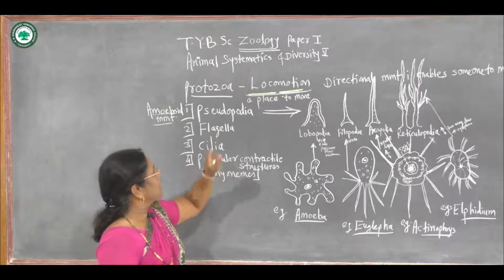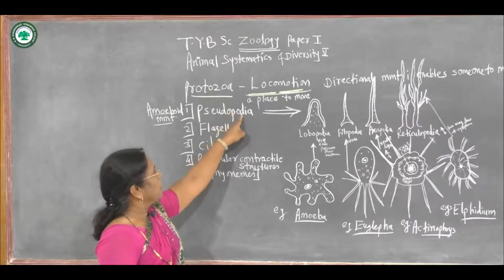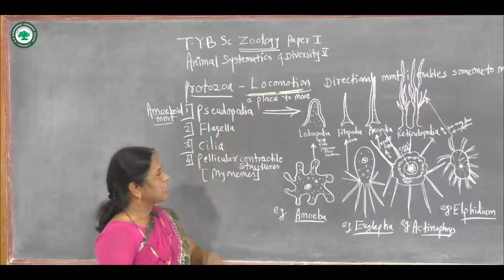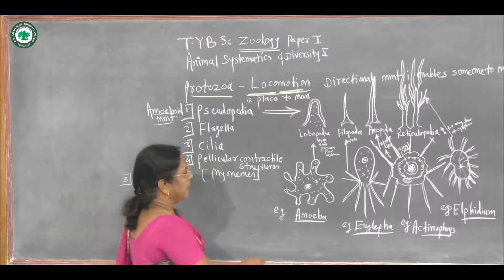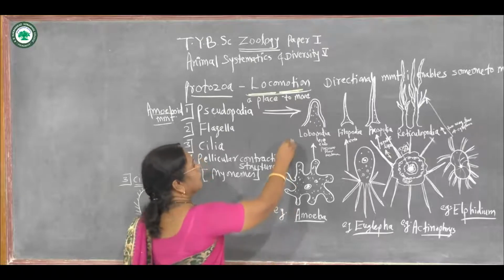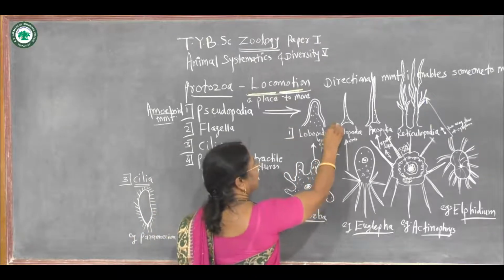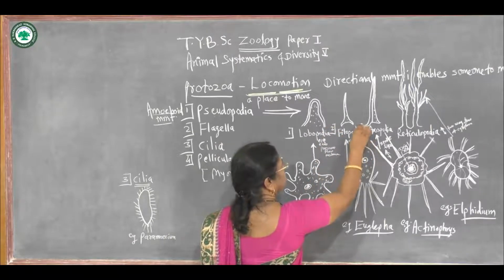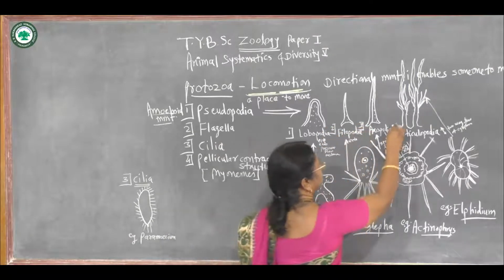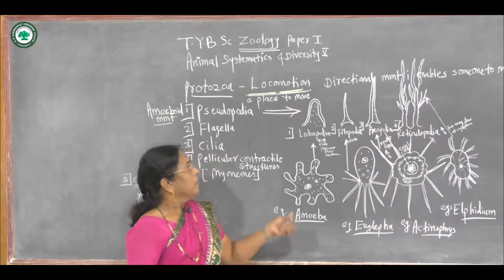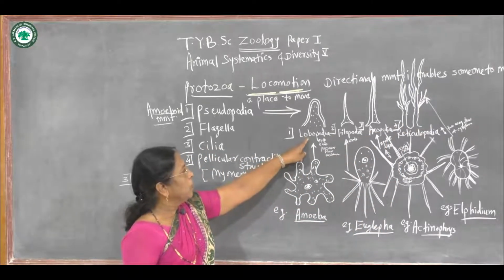According to their shape and size, these pseudopodia or amoeboid locomotor organelles are again classified into 4 types. First, the lobopodia, second, filopodia, third, axopodia, and fourth, reticulopodia. We will see first lobopodia.